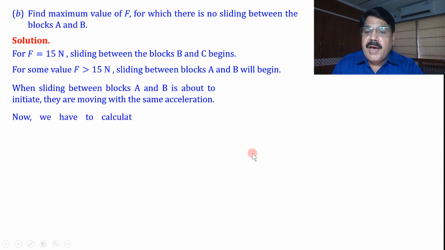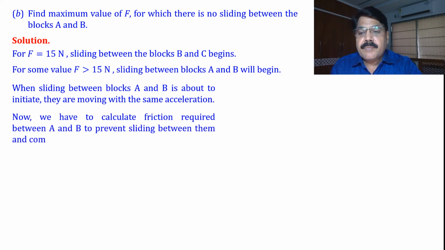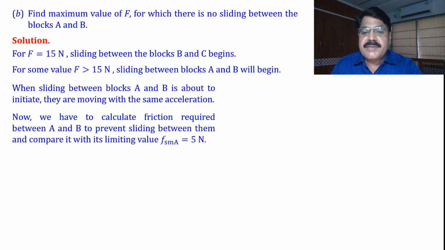Now we have to calculate the friction required between A and B to prevent sliding and compare it with its limiting value. f_smaxA is equal to 5 Newton, which we have calculated earlier.